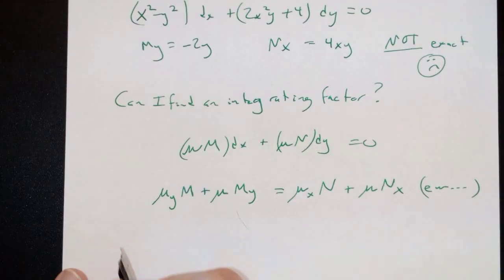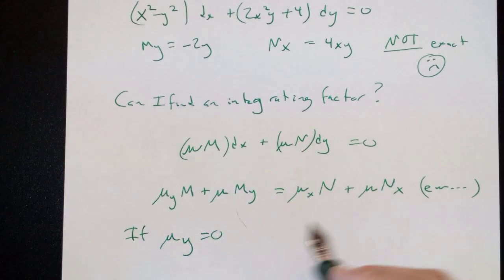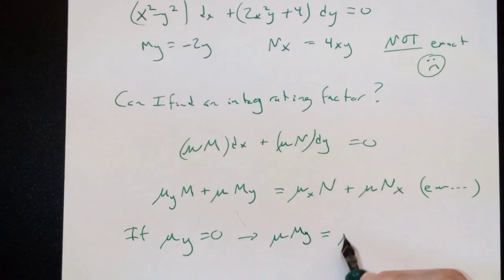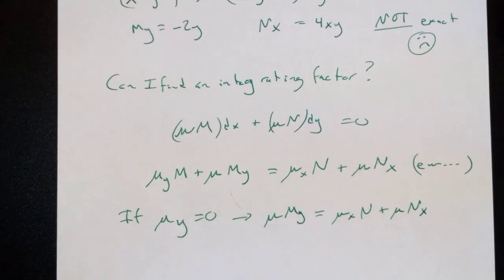If mu y was 0, well, then I would have mu M_y equals mu x N plus mu N_x. I want to put the mu parts together. So mu x N is mu M_y minus mu N_x.